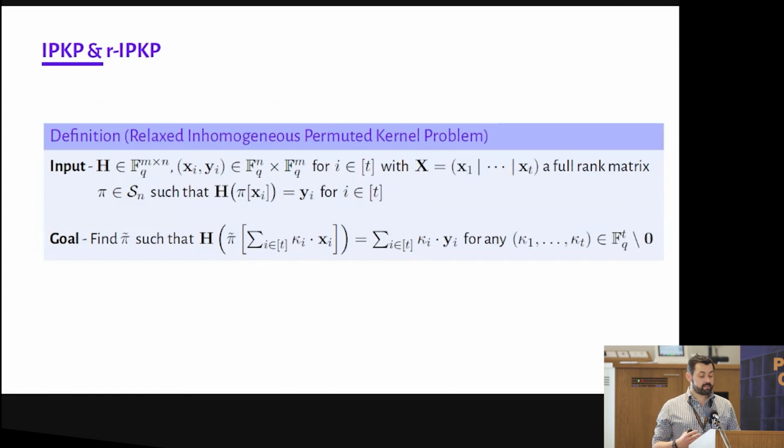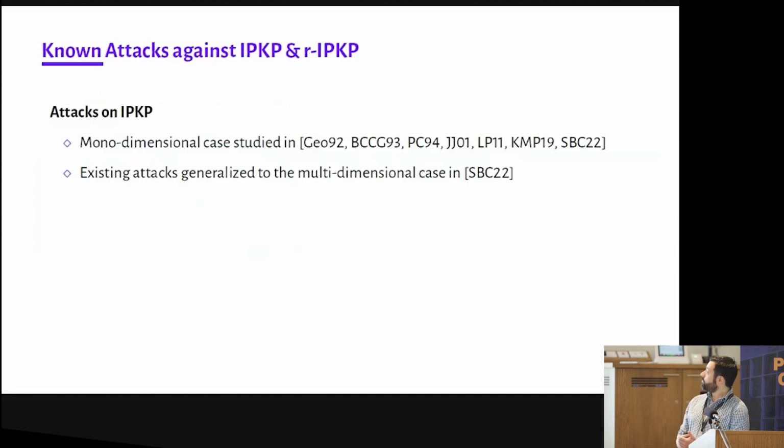So you can see it as solving the monodimensional PKP problem, for t equal to 1, but with an extra degree of freedom, namely you can solve it for any linear combination of your choice of the x_i's. So this is the problem we are going to use.